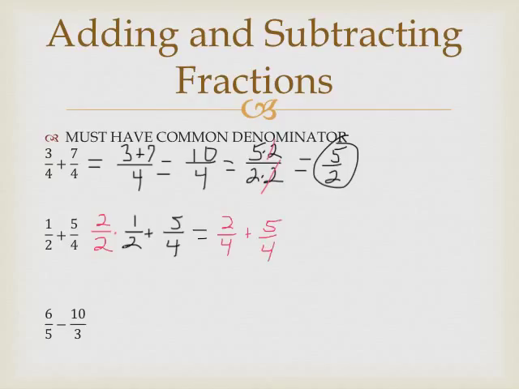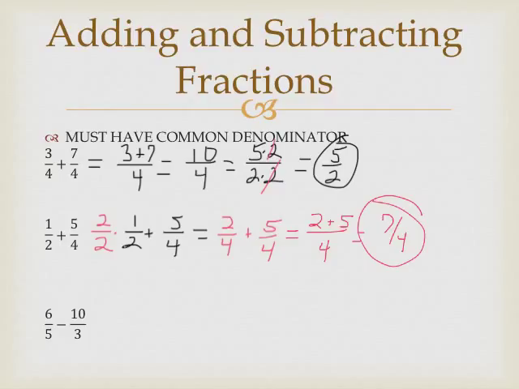Because when we are multiplying fractions, you are just multiplying the numerators and you're multiplying the denominators. And so once I get to this step, now they do have the same denominator. So this is now just 2 plus 5 over 4, which is going to be 7/4. That does not reduce, so that is our answer.